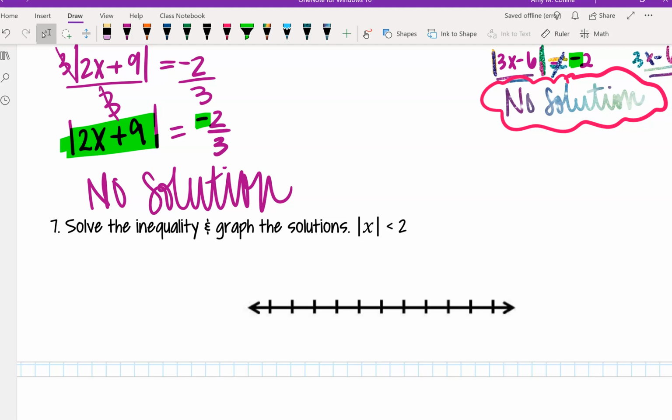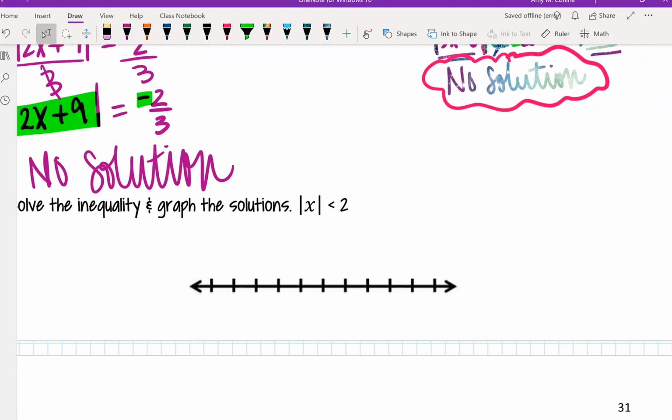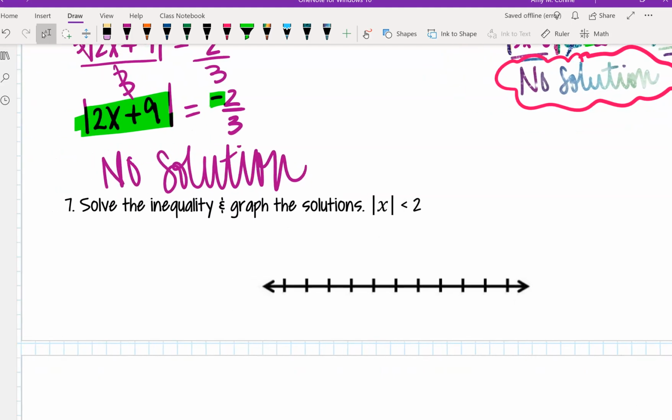Inequalities. For this one, we have the absolute value of x is less than 2. So to do inequalities, the best way is just to do it by practice. When we have the absolute value of x is less than a number, or the absolute value of a group is less than or greater than, or whatever the case may be, this is how you're going to do it.